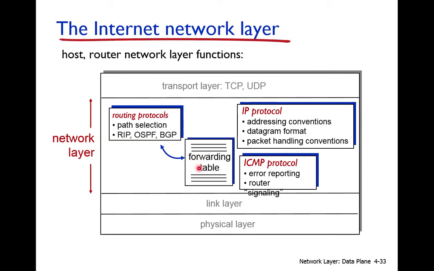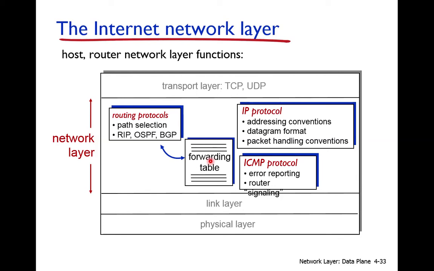If an entry is found, for example, that the IP address should be forwarded to port number 2, then according to this entry, the packet will be forwarded to port number 2. This is called forwarding. This is the first functionality of a network layer, and this is called the data plane.